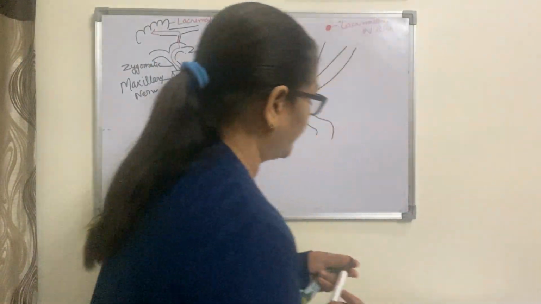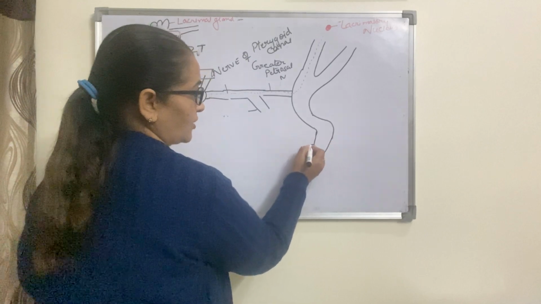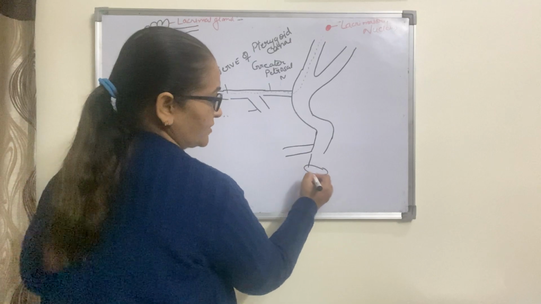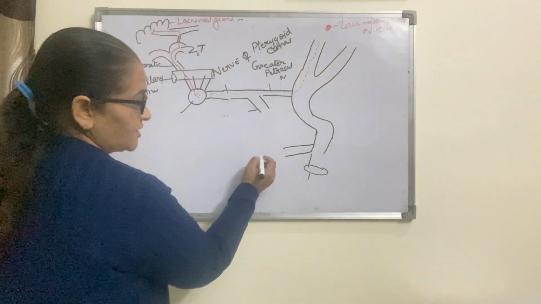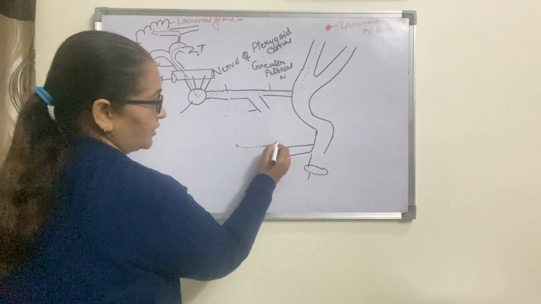As I have told you, in the branches of the facial nerve, there is one branch, that is chorda tympani. So this is the stylomastoid foramen. Before that, there is chorda tympani, which has basically communication with the lingual nerve.